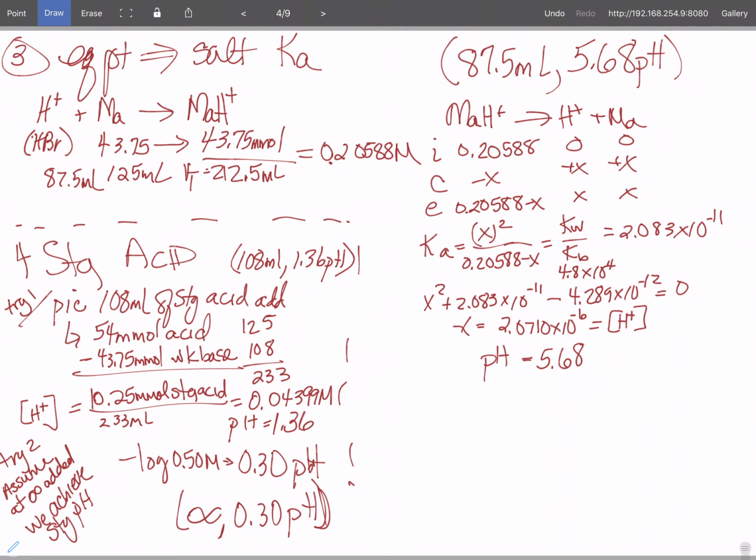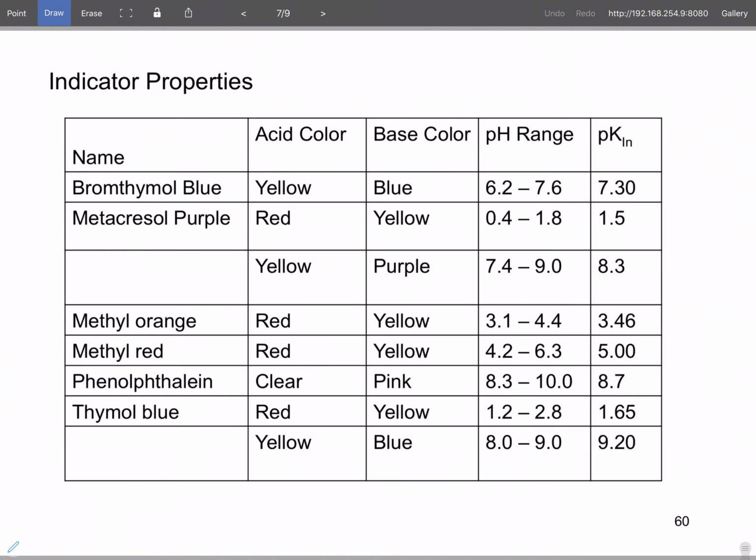Now, before we proceed any farther and graph this thing, let's look at our equivalence point, which is 5.68. So if we go forward to our indicator properties, we're looking for anything that has a pH of 5.68.